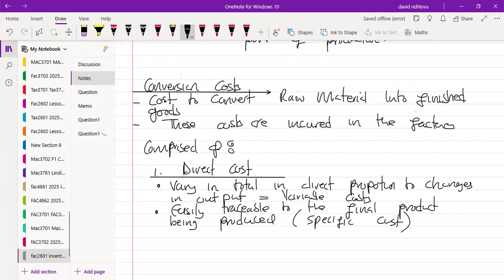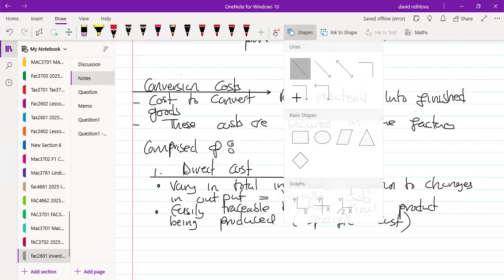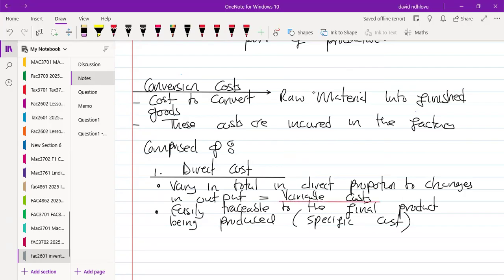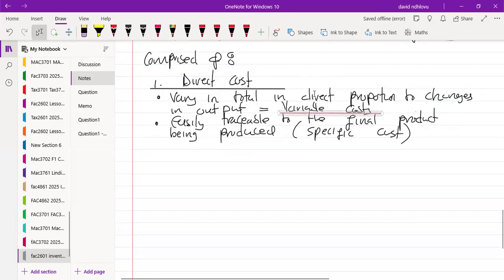Let's look at what we mean by the fact that these are variable costs.